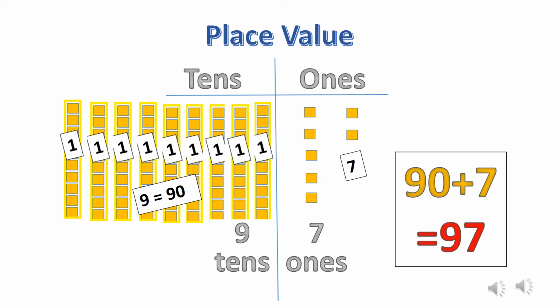So 90 plus 7 equals 97. And notice that we follow the place value chart rule. We have 1 digit in each place value. We have a 9 in the tens place and a 7 in the ones place.